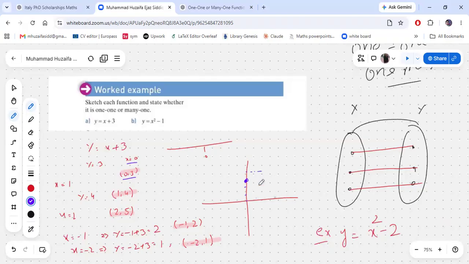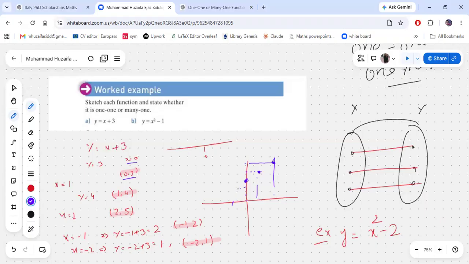So maybe here is our point. When we have x = 2, this is the 5. So this is 2, and this is 5. And when we have x = -1, it gives the positive 2. So this is -1, 0, 1, and 2.